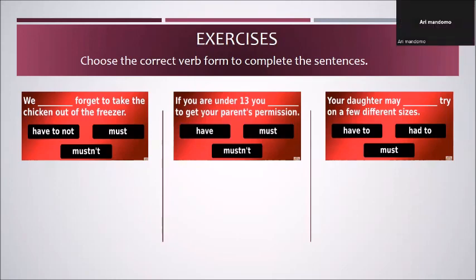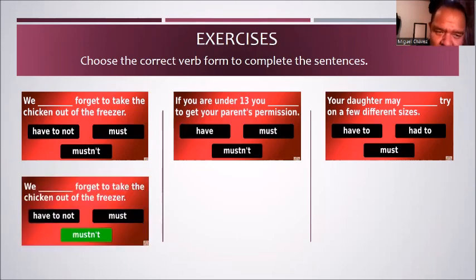We must forget to take the chicken out of the freezer. Ari, can you repeat it, please? We must forget to take the chicken out of the freezer. Okay, let's check the answer. Thank you, Ari. Mustn't, mustn't, okay?